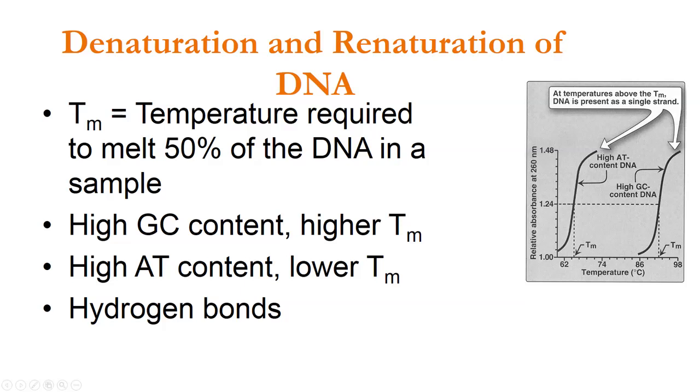So when you're looking at this graph and we're going to determine the TM, way up here you have DNA that's fully melted, 2 single strands. And way down here, you have DNA that's fully double-stranded. As we apply heat, it starts separating. As the temperature goes up, it's separating. At some point, it's about 50% separated, and that's our TM.